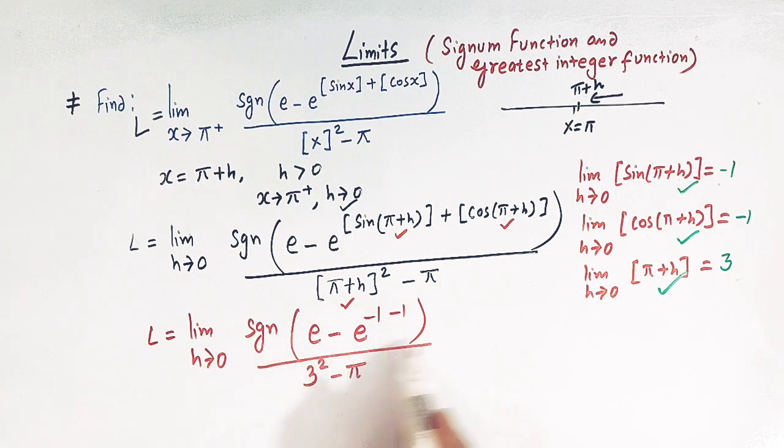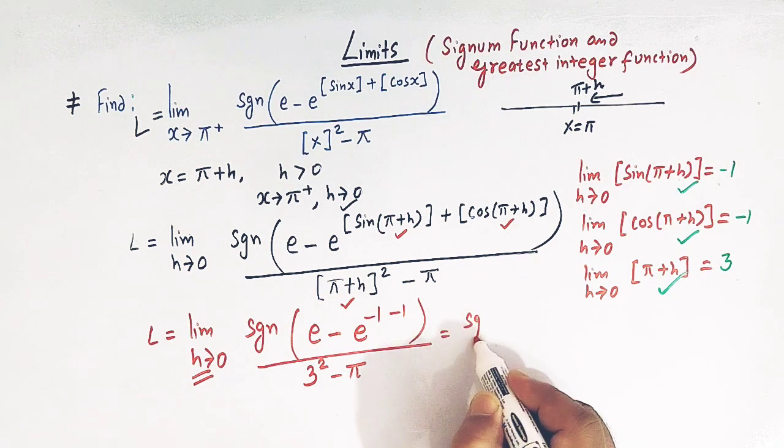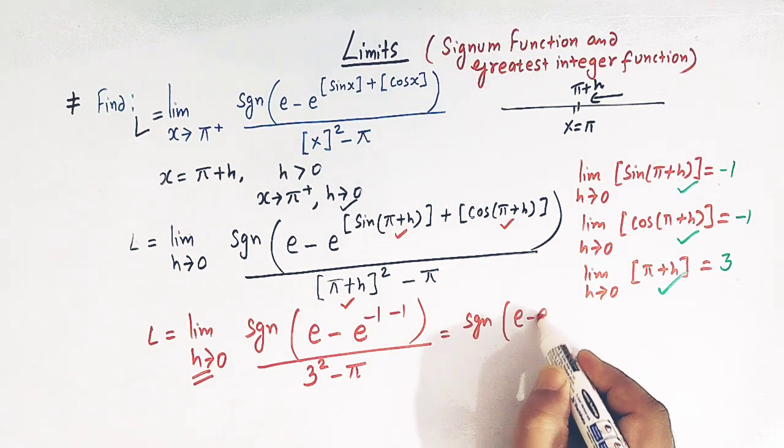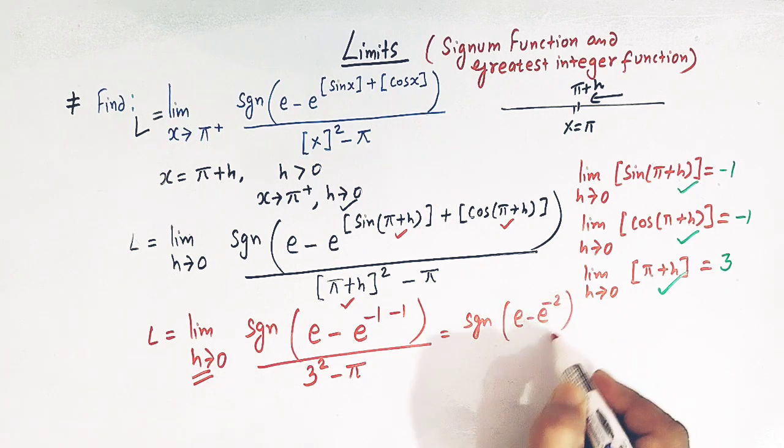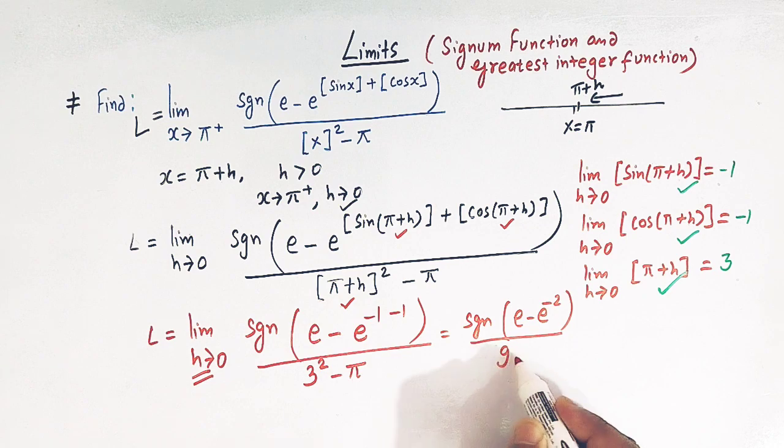So now let us simplify this expression. And before simplifying it, we see that this expression is now independent of h, right? So we can now remove this notation of limit. So we have signum of e minus e raised to minus 2, and here in the denominator, we have 9 minus pi, right?